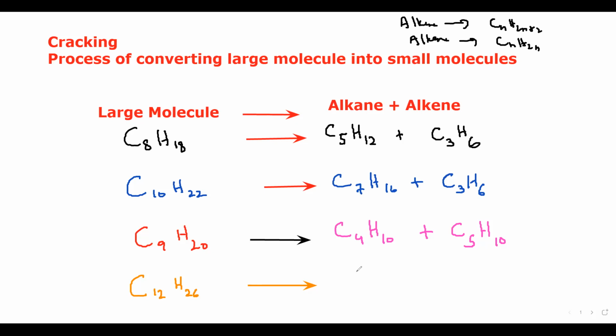Example, I select C8. If I select 8 carbon, how many hydrogen should be there to be an alkane? 8 multiplied by 2 is 16, and 16 plus 2 is 18. So C8H18. Out of 12, I use 8 carbon here, so I'm left with 4.